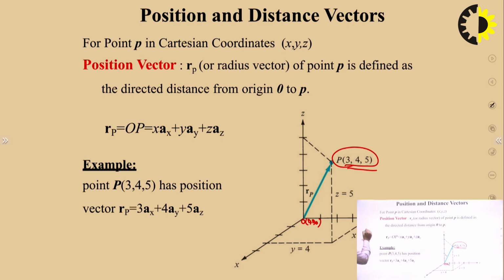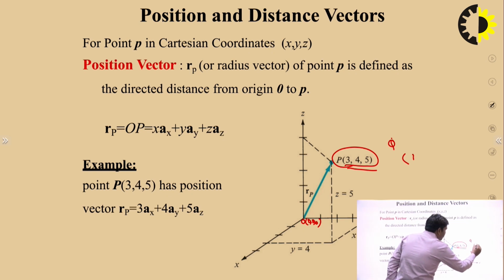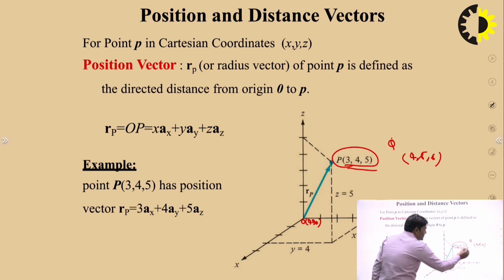Now we take another position vector, Q, defined with coordinates 4, 5, 6.